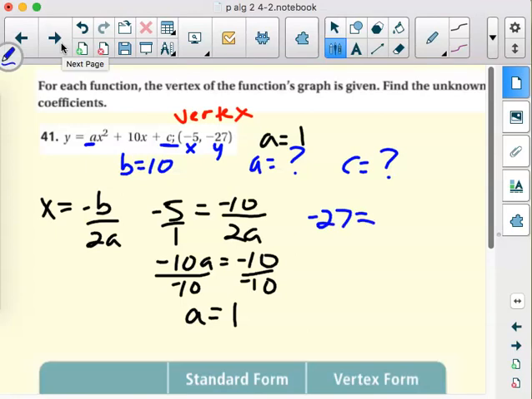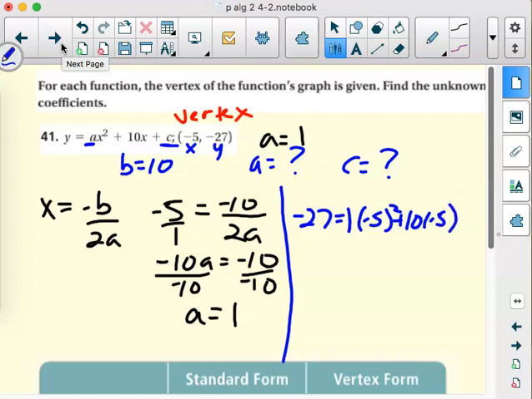A, we just found it was 1. X is that little negative 5, so I'm going to put that in 2 spots and leave myself enough room to write. And then I need my little plus c in the back. And then we'd follow the order of operations.